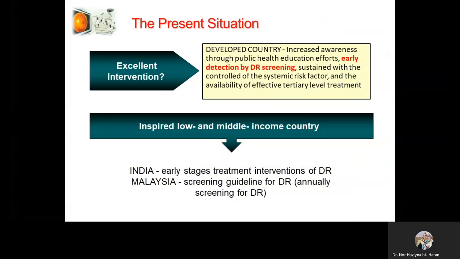Therefore, it is cost-inspiring for low and middle-income countries. For example, India has early stage treatment intervention of DR, and Malaysia provides a screening guideline for DR. It means annual screening for DR.